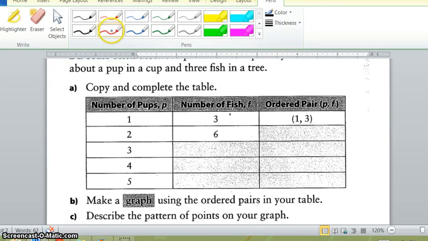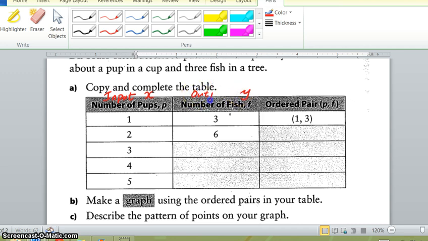The book has already assigned variables for the number of pups and the number of fish. So really, this is just another way of saying these are your x values, or your input, okay? The number of fish, f, are your y values or output.